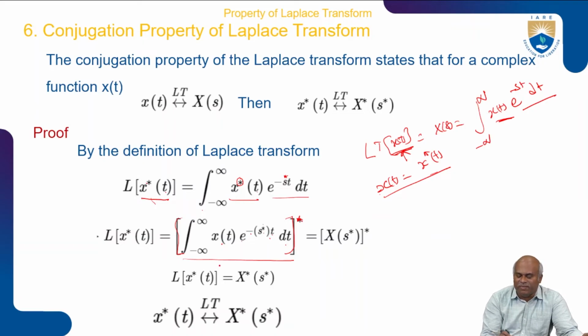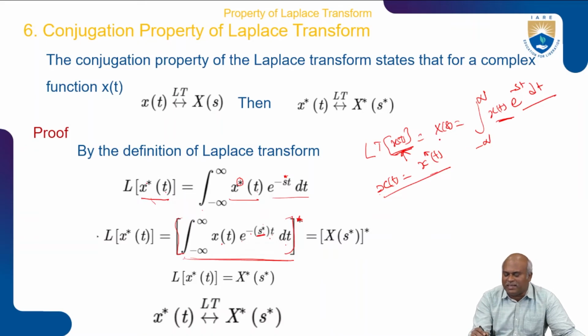So I write the equation as the integral of x(t) e^(-s*t) dt, whole star. This whole term is X(s) with s replaced by s star, so we write X(s*), whole star.